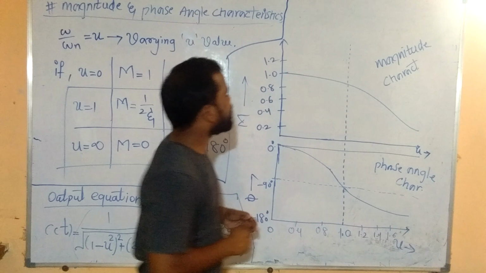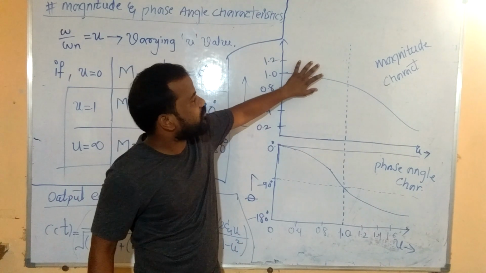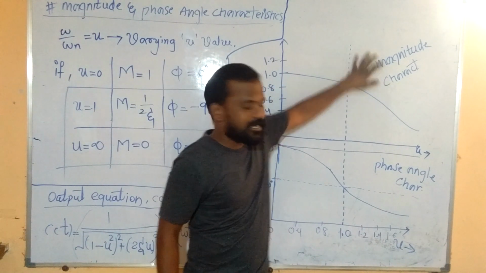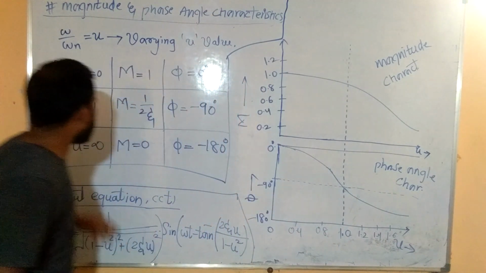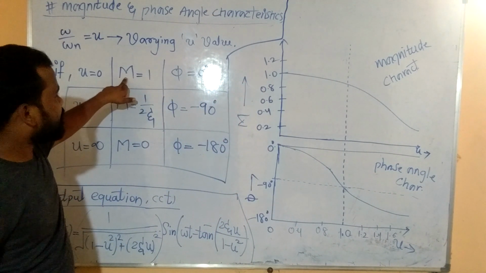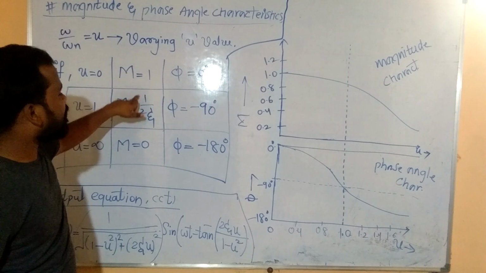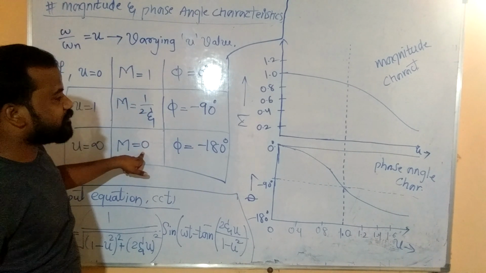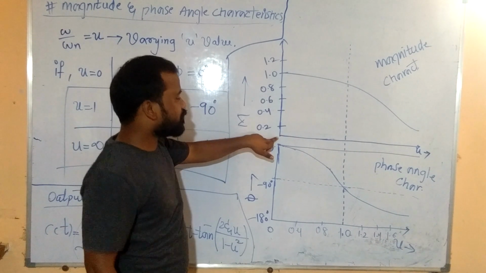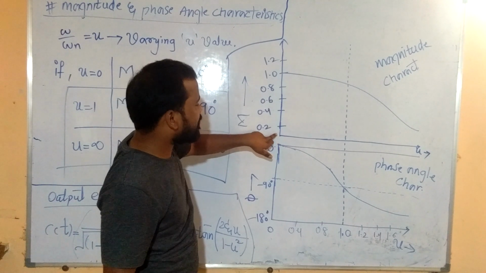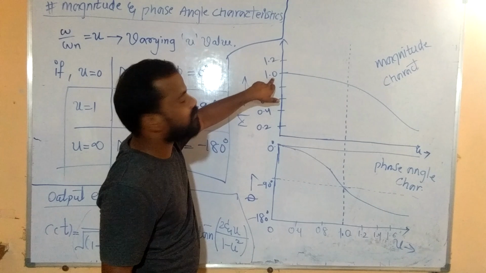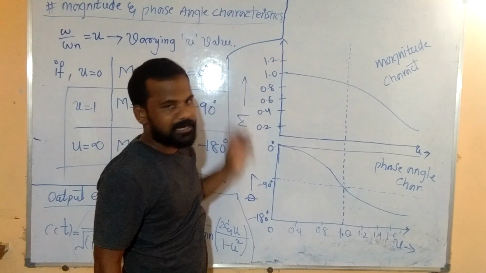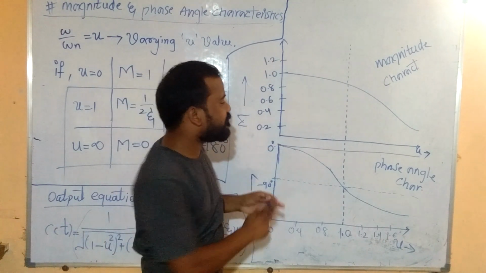Just see here, this characteristic is related to the magnitude and this is related to the phase angle. We already know that m is equal to 1, m is equal to 1 by 2 zeta, and m is equal to 0. That's why I am starting with the 0 value. I am taking the values 0, 0.2, 0.4, 0.6, 0.8, 1 and 1.2, 1.4, like that, for the value of u.